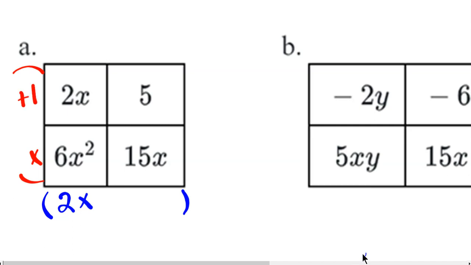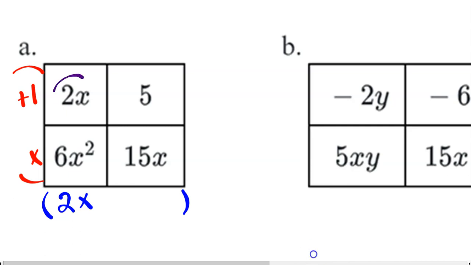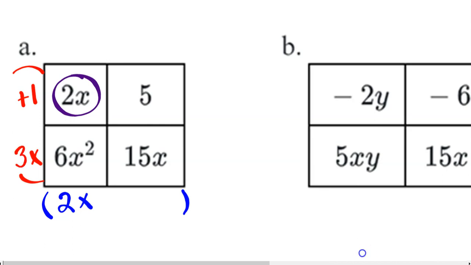So 2x times 1 is 2x. So we have that. 2x times 1 is 2x. So that one is taken care of. And then we have 2x, and to get to the 6x squared, we're going to get 3. So 2x times 3x is 6x squared.